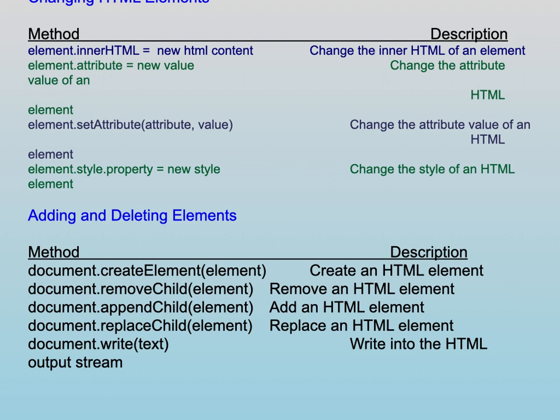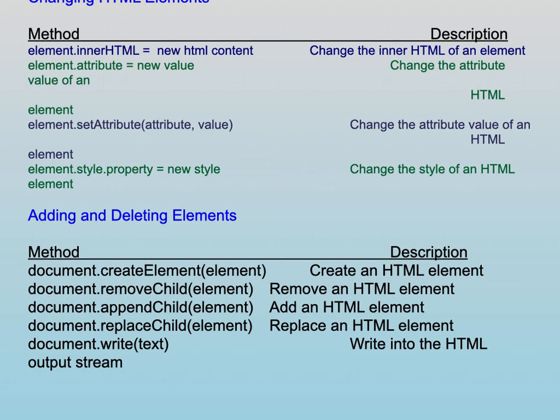In that particular case, the element whose ID is set to demo will be identified by document.getElementById. So in this case, element.innerHTML, that element is explicitly given here, for example paragraph element p.innerHTML. Likewise, we need to specify that is equal to new HTML content. So here we change the innerHTML of an element. innerHTML means the content of an element.